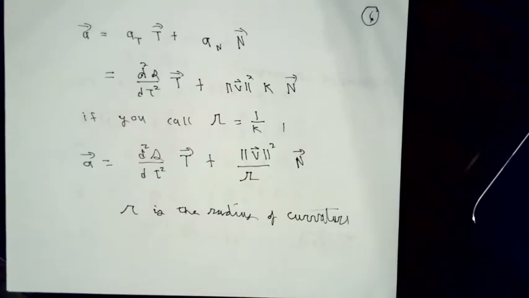If you think back to when we looked at motion in a circle, the acceleration, if you're moving at constant speed, is speed squared divided by the radius. So for that reason, people sometimes write this equation in this form, where cursive r is called the radius of curvature.